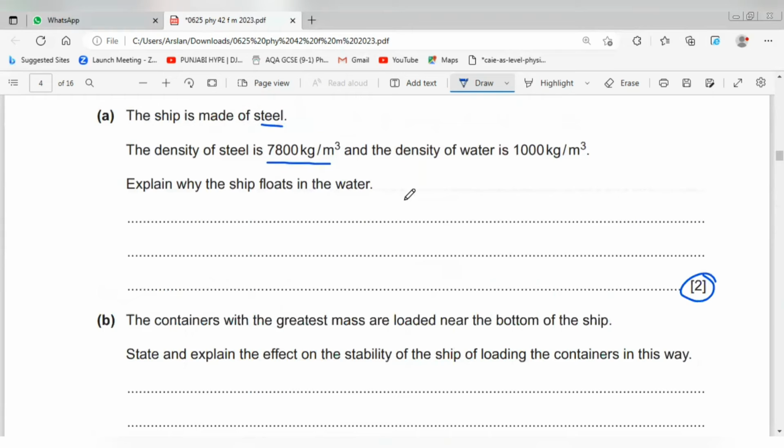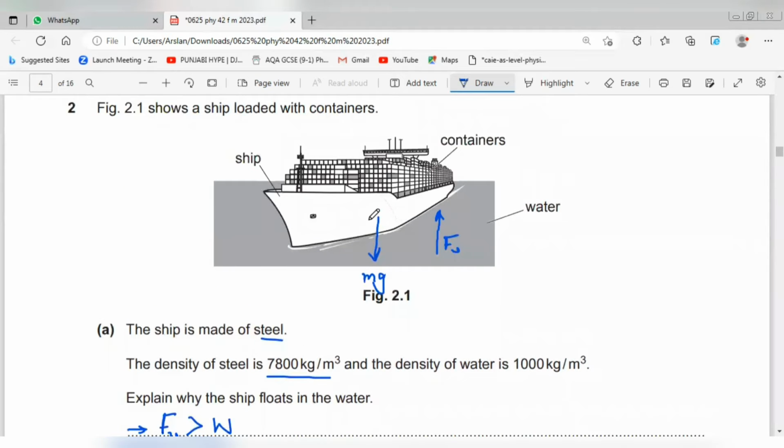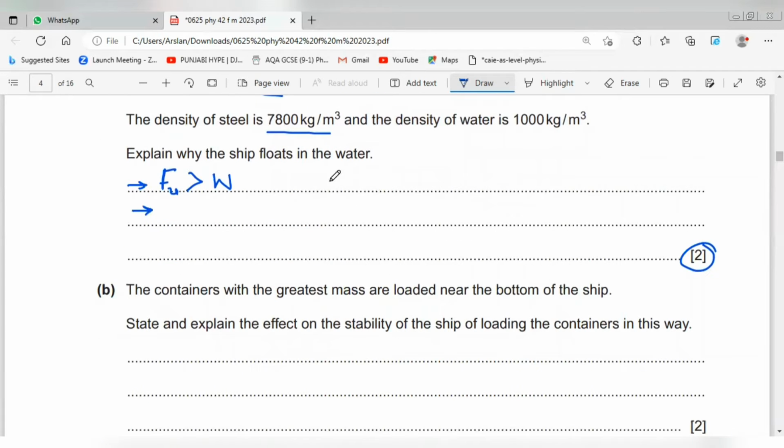If the upthrust force is greater than the weight of an object, then the object will float on the water, according to Archimedes principle. Another reason is the ship is full of air inside the steel, so its resultant density becomes low.